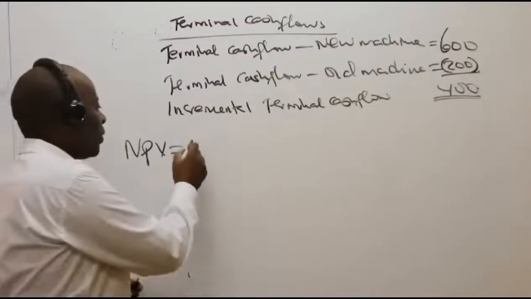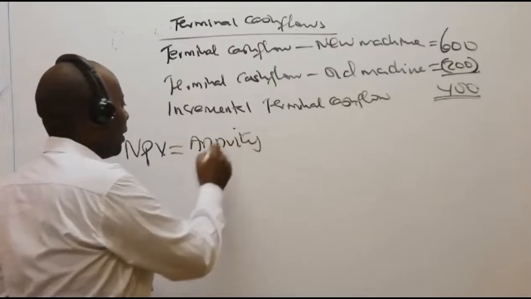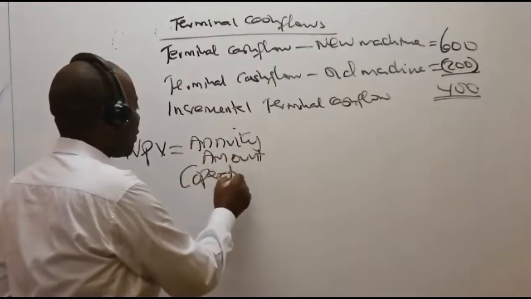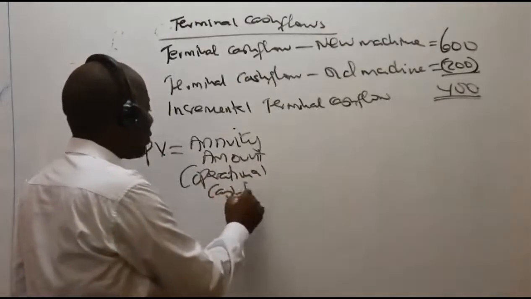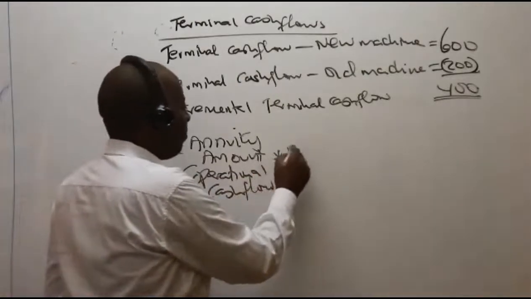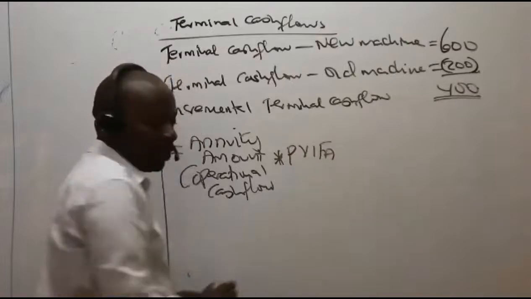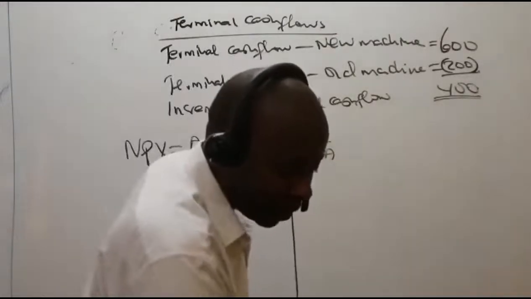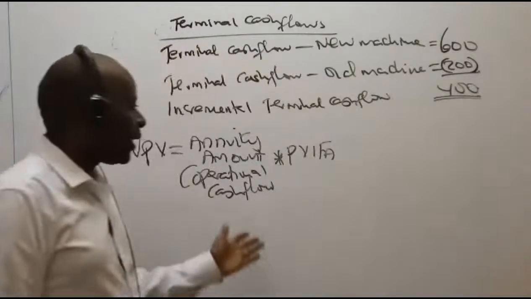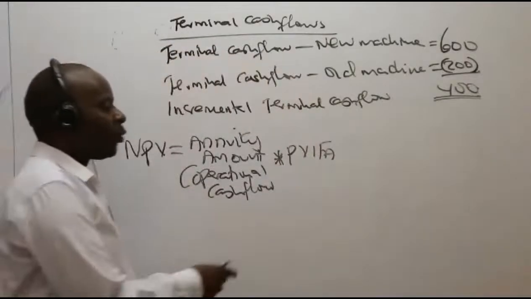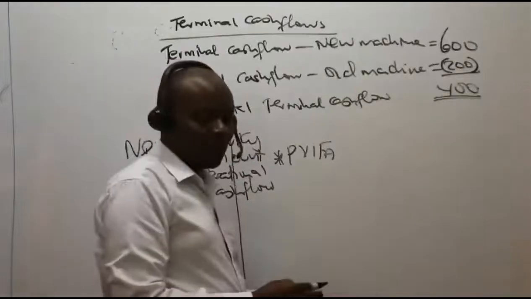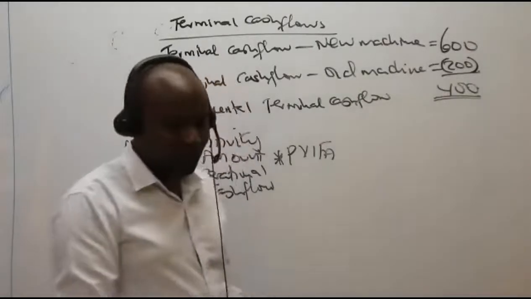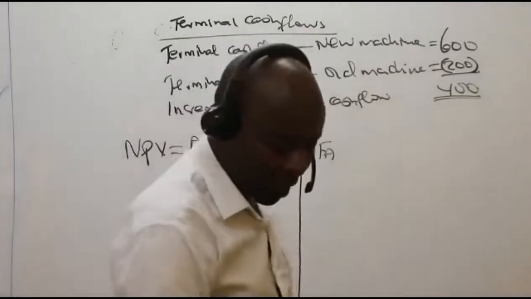I'll take the annuity amount, which is the operational cash flows, multiplied by PVFA, because these will need discounting. At what cost of capital? Are you able to see a cost of capital there? What is the cost of capital? Cost of capital, at times they will call it required rate of return.